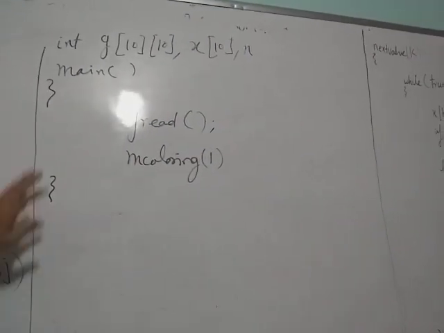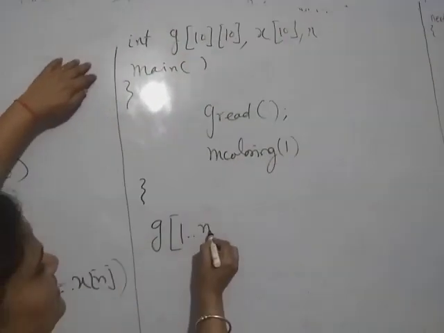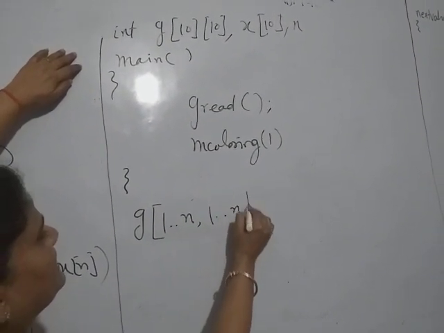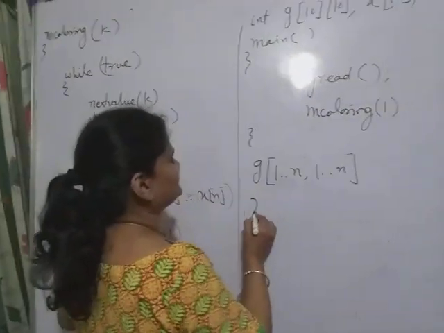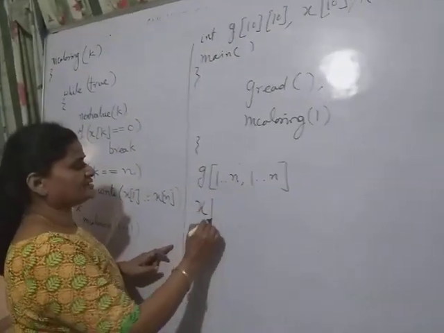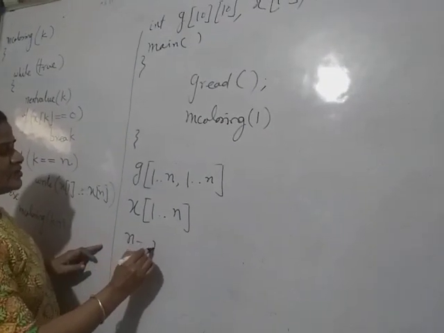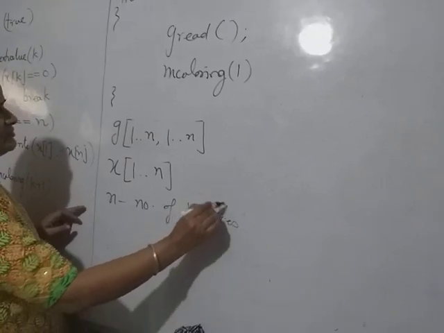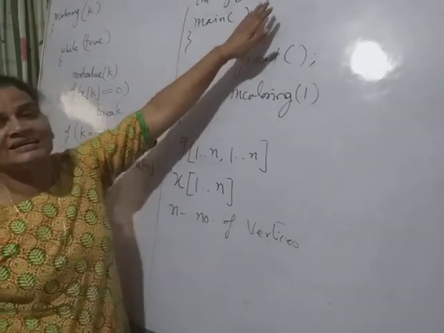In the main function, the graph g is 1 to n, where n is the number of vertices, n rows and n columns, and x is a solution vector 1 to n, declared globally.